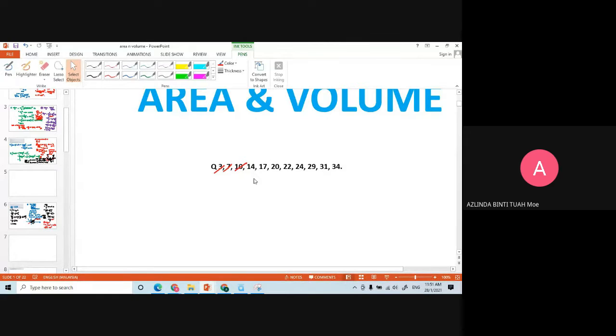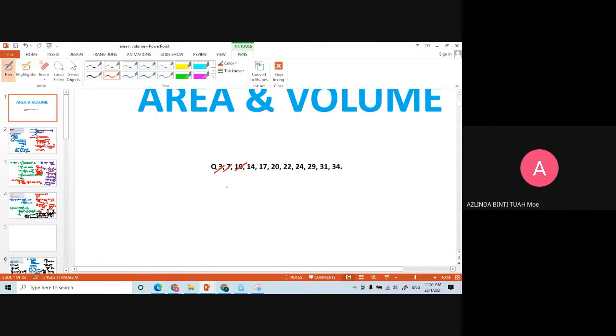So, I will leave the rest to you. Soalan 14 sampai 34 ni buat dan kena hantar bersama-sama dengan soalan tutorial chapter 1 nanti. Jawapan chapter 1 nanti saya nak tengok sekali.